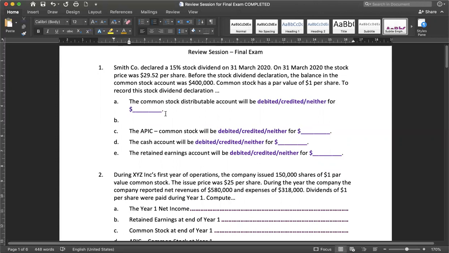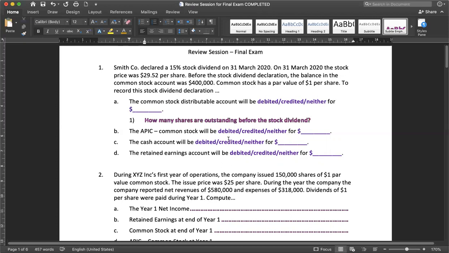How many common shares are outstanding before the stock dividend? That's the first question that we need to know, because we know that the stock dividend is 15%.